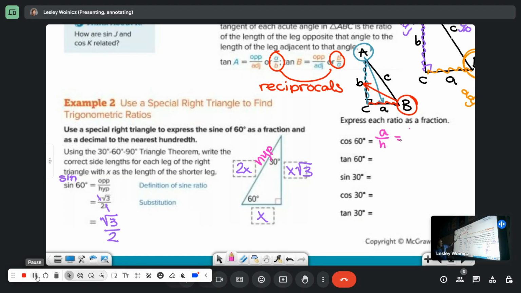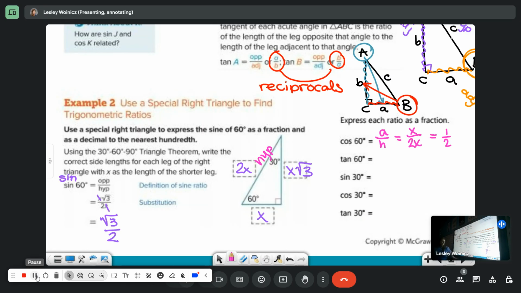So I put x on top and 2x in the denominator because that's the hypotenuse. What does that simplify to? 1/2.